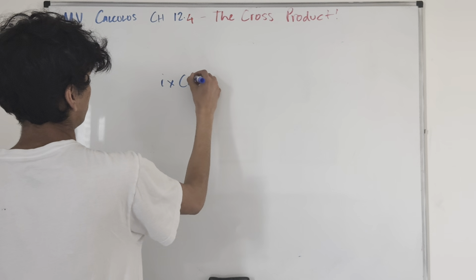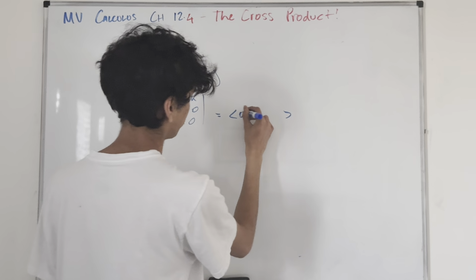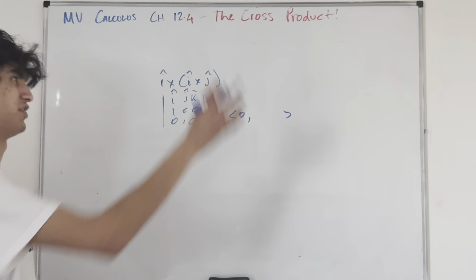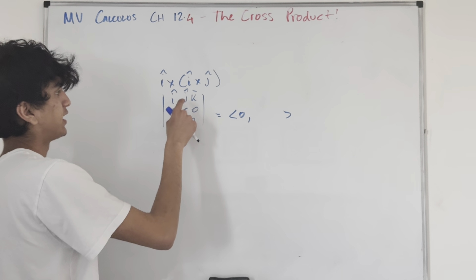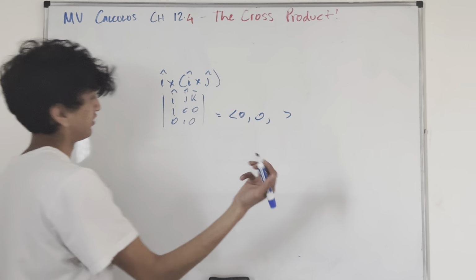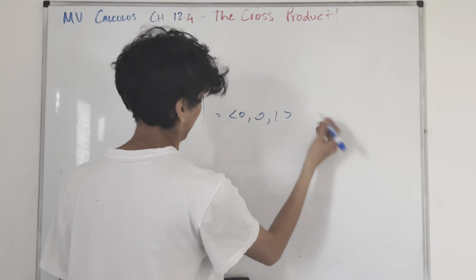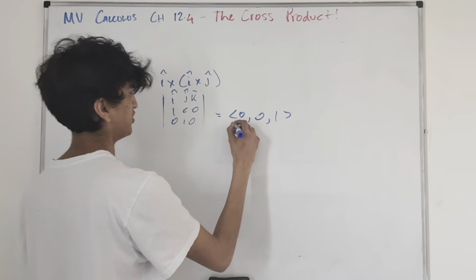For the X component, I get 0 times 0 minus 0 times 1, that's just 0. For the Y component, it's negative, but I get 1 times 0 minus 0 times 0, that's 0. And for the Z component, I get 1 times 1 minus 0 times 0, that's just 1. This is actually just K hat.